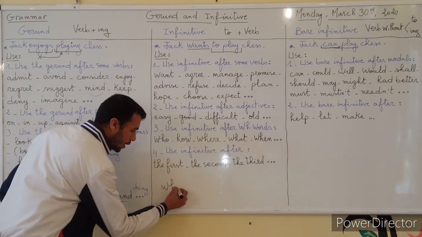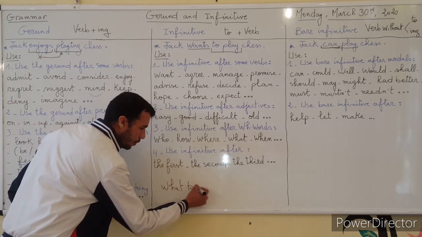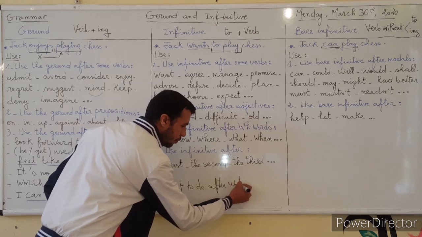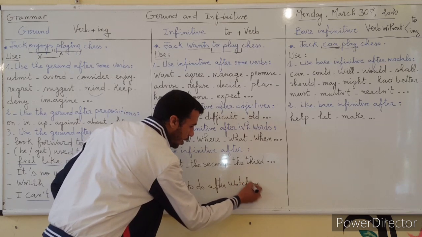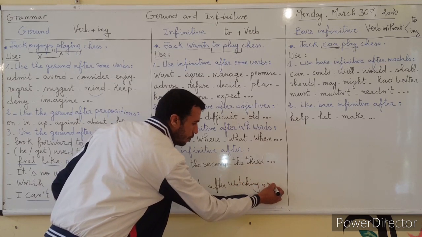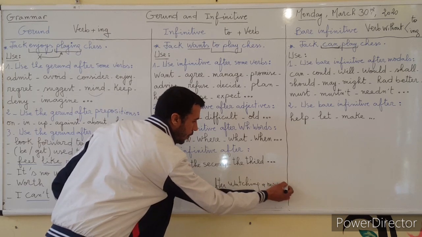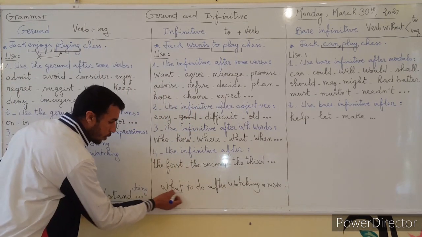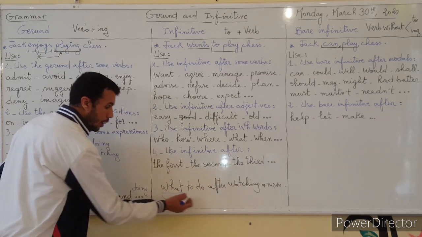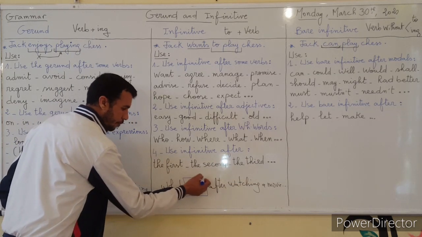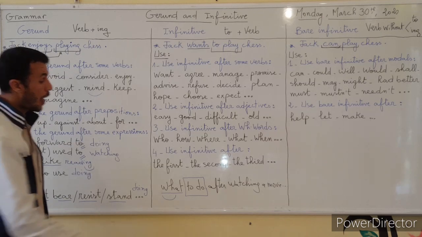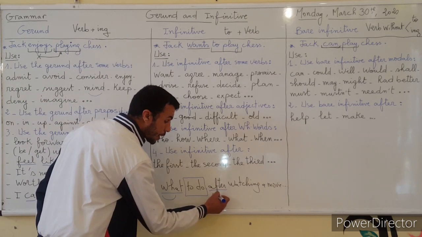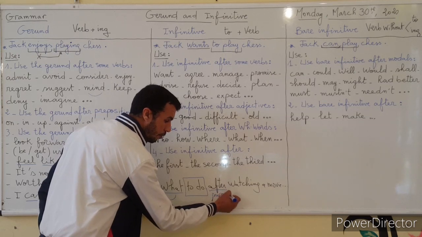We have what to do after watching a movie, for example. So look here. Since we have what, WH, it must be followed by infinitive. Then here we have after, which is a preposition.